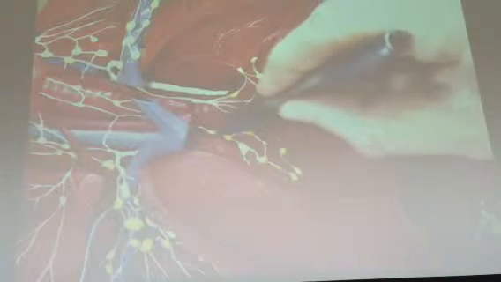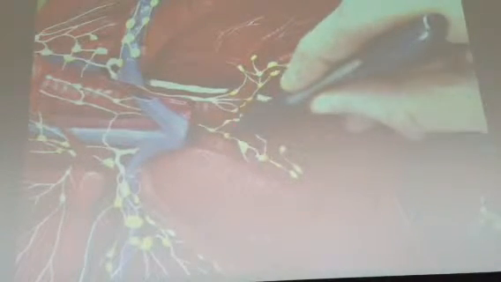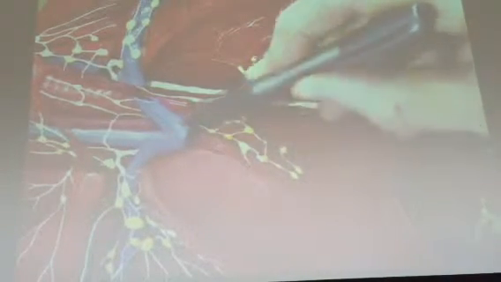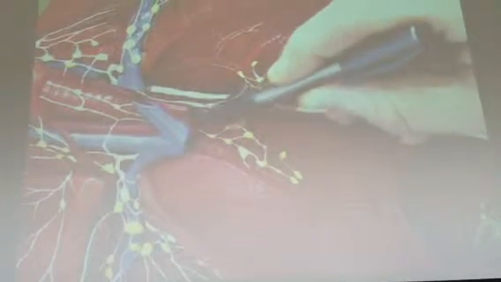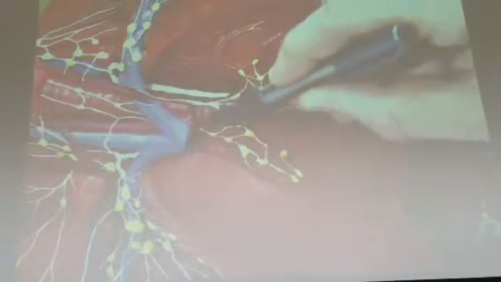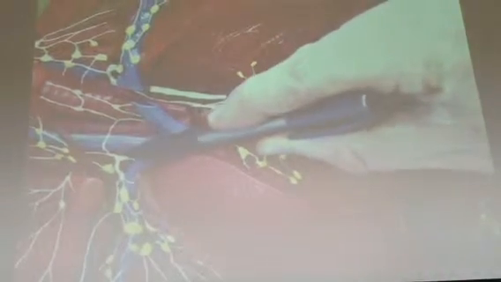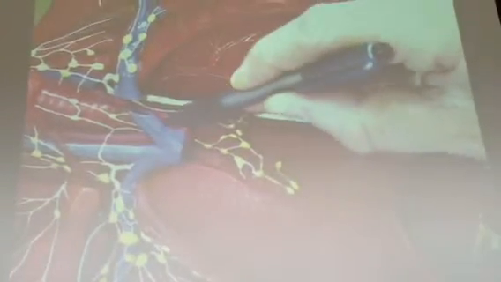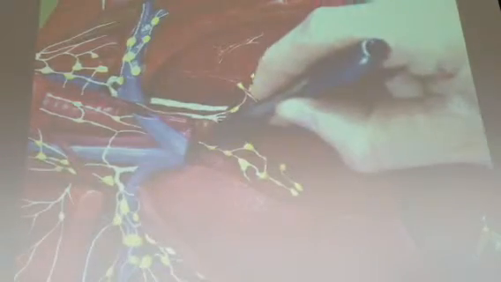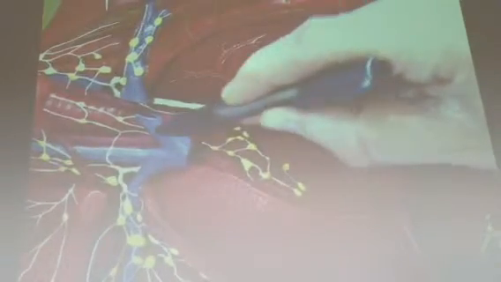These vessels here, and they're a little bit difficult to see, but on the right side, you have some lymphatic vessels going up here. They actually go deep to these big arteries and veins here. They go behind those and come up around and then curve around and empty into the right lymphatic duct. That vessel there is known as the right bronchomediastinal trunk.